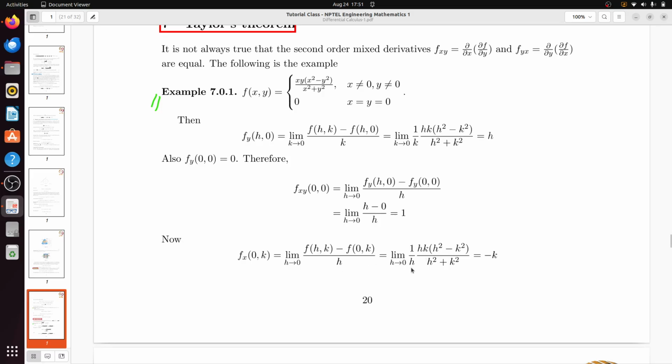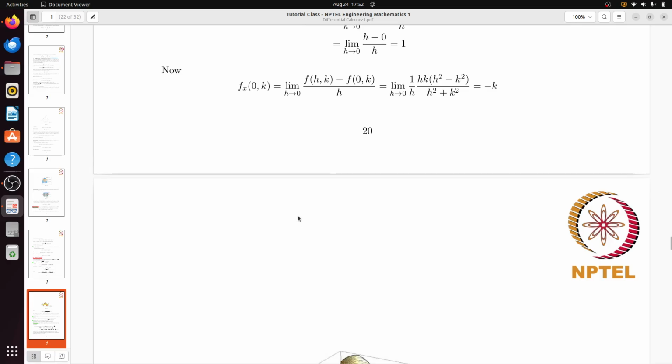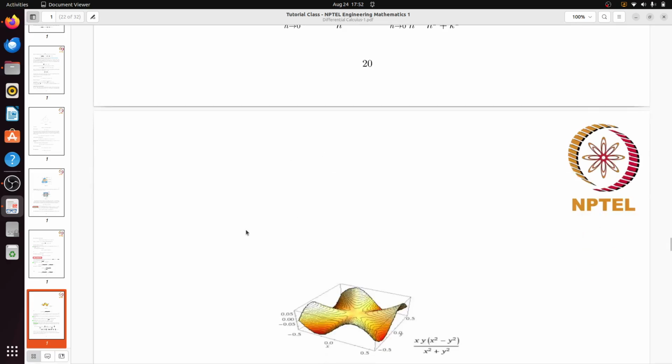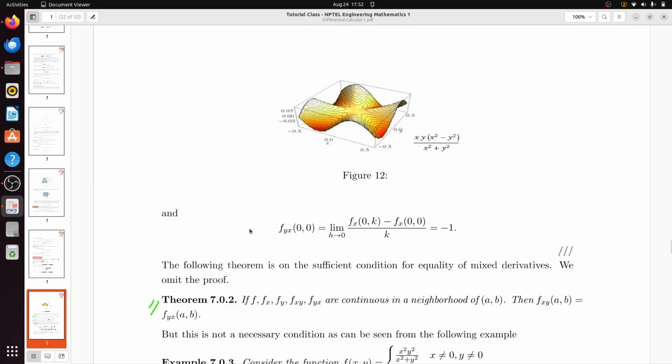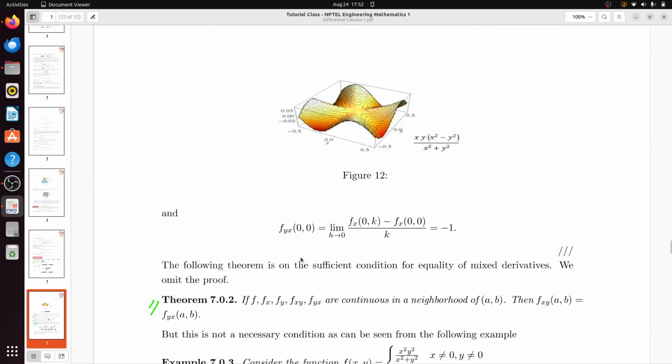That gives 1 by h times hk (h squared minus k squared) by (h squared plus k squared). As h tends to 0, you will finally get (k times minus k squared) by k squared, which is minus k, and fx(0,0) you will get to be 0. Now fyx, you are taking the derivative with respect to y. So fyx(0,0) is the limit as k tends to 0 of (fx(0,k) minus fx(0,0)) divided by k. This will be minus 1. So you get that the mixed order derivatives are unequal: one is 1, and the other is minus 1.